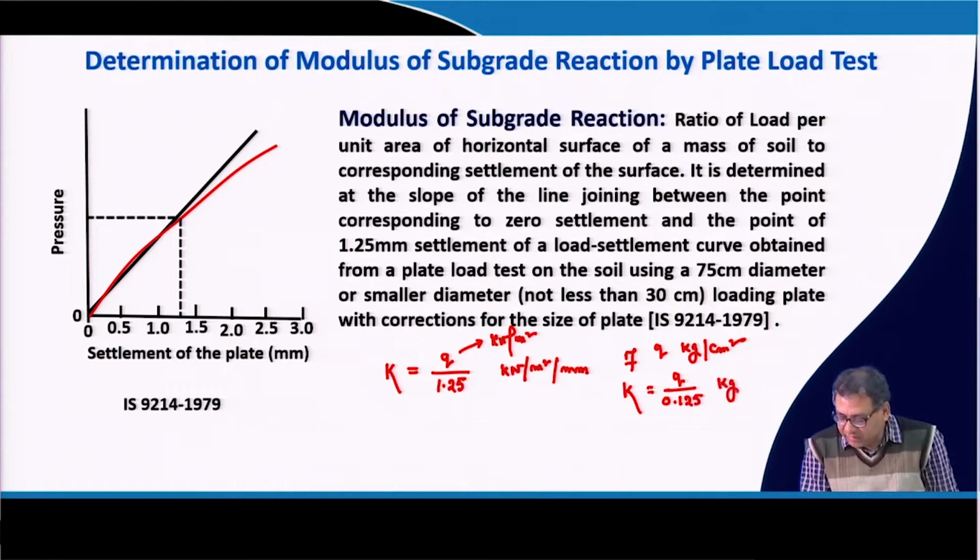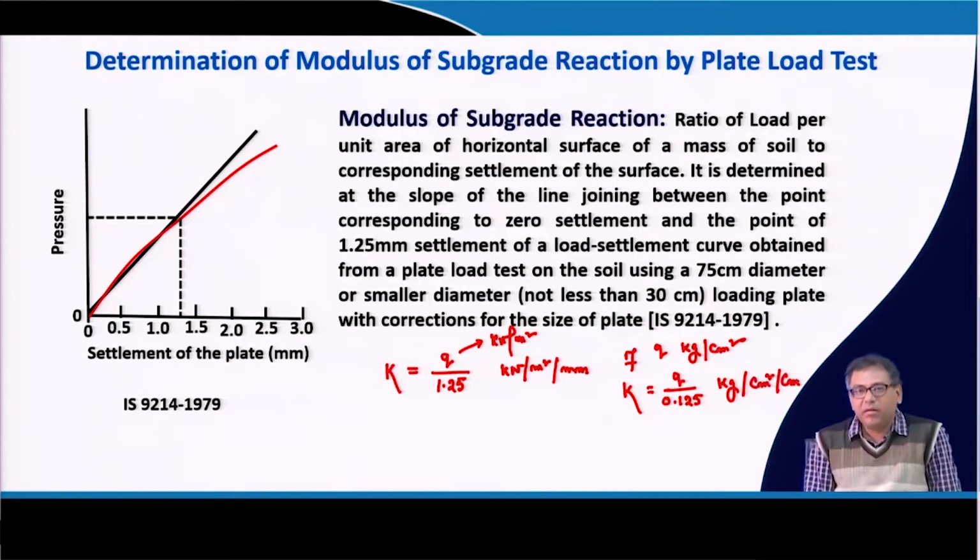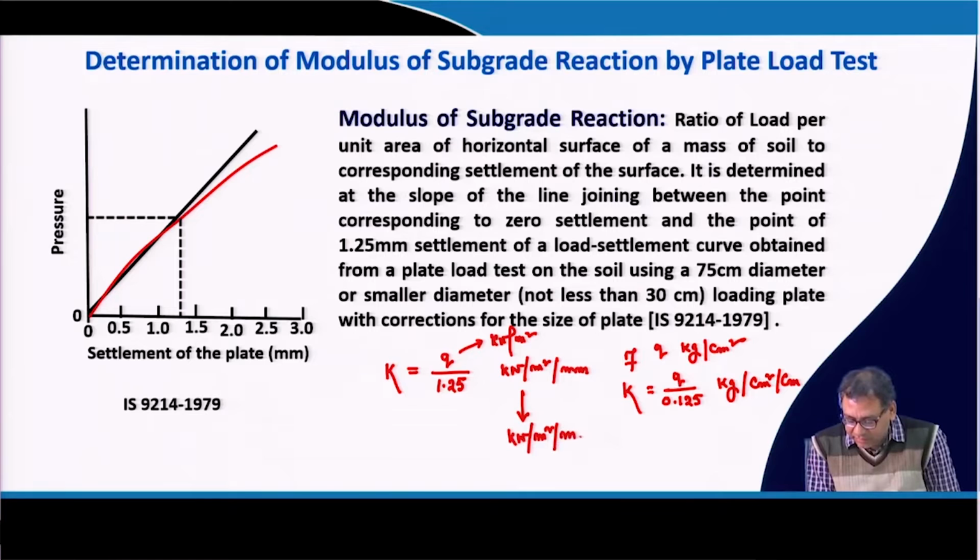So, this unit will be kg per centimeter square divided by centimeter, or sometimes it is called kg per centimeter cube also, but I would prefer to represent it as kg per centimeter square per centimeter. Ultimately you have to convert it and represent it in SI unit, kilonewton per meter square per meter. So, this is the unit of the subgrade modulus K, because Q is the stress, and that I will get from this chart.